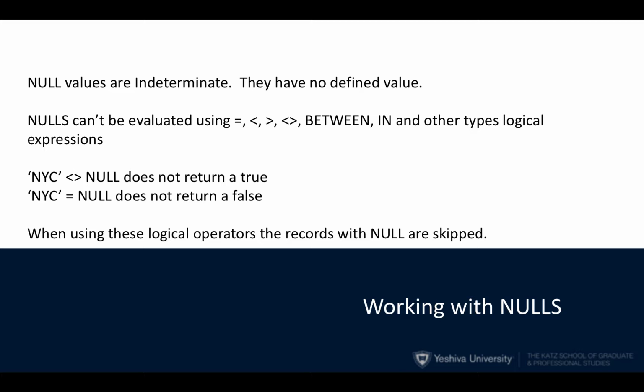It's indeterminate. We need to look at other operators such as is null, is not null, in order to be able to evaluate null values. Keep in mind as we go through this exercise that a null value is not blank, not zero, and is not false. It only answers the question, I don't know what this value is.